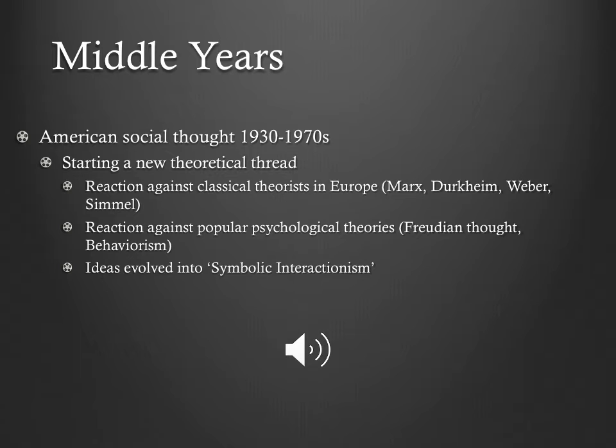And in addition, rather than continuing ideas of popular psychological theories of that time, they're reacting against those ideas. We'll talk about both of those reactions on the next couple slides. But overall, we can recognize that the middle year American social thought thread eventually evolves into what we call today symbolic interactionism.